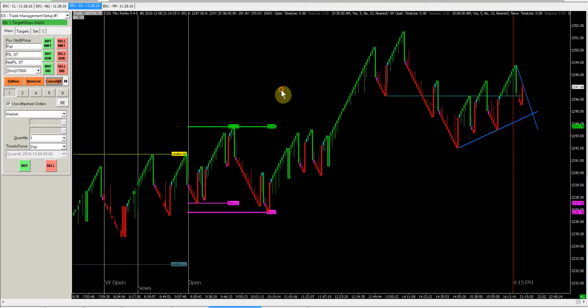I found those extremely handy for generating moves in the market, where to get in, where to get out, that type of thing. You have to be careful because, for example, the cyan lines would indicate the price action would move up. The magenta would mean price action would move down.